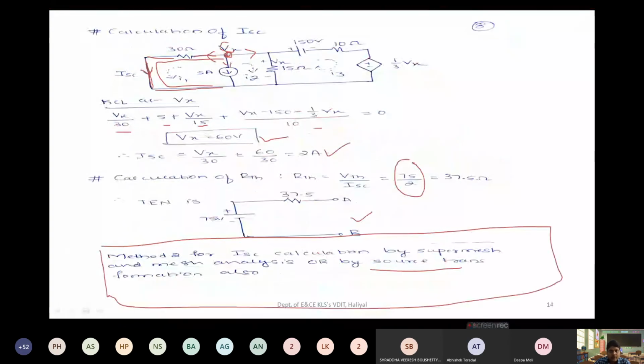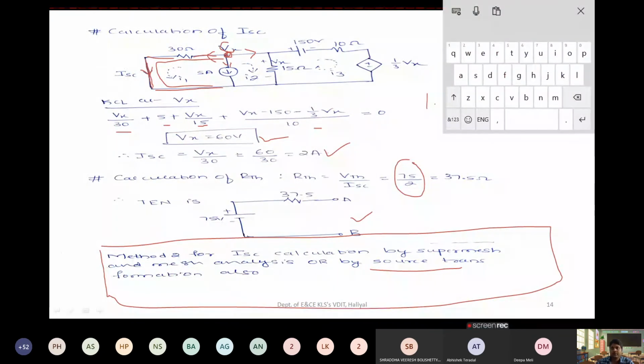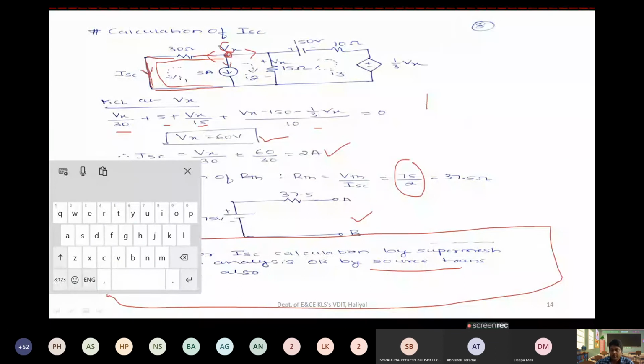But here, if you come to this Vx line, this 15 ohm resistor, since you are going anti-clockwise, already I3 is flowing here, and I2 is coming like this, but our approach is like this. So we are going in the opposite direction of I2, so you can write minus I2 into 15, but I3 is in the same direction, so you can write plus 15 times I3, okay.